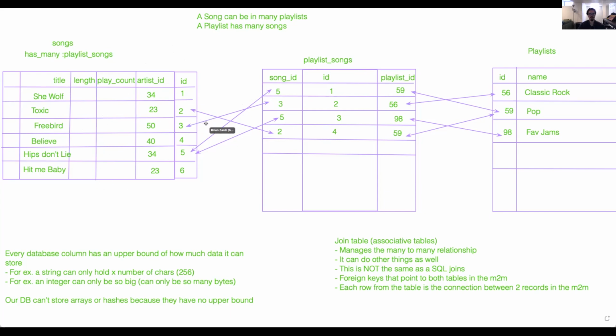So that tells us that every single song could have many playlist songs. The other side of that relationship is that a playlist song belongs to a single song because it has that song ID foreign key.